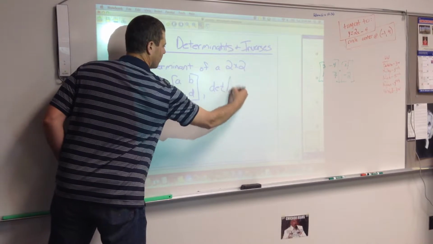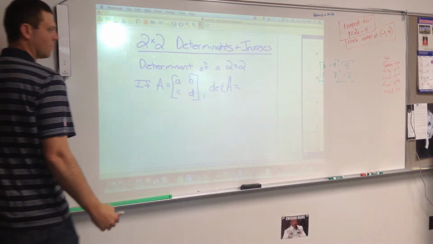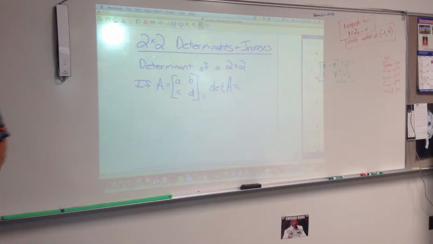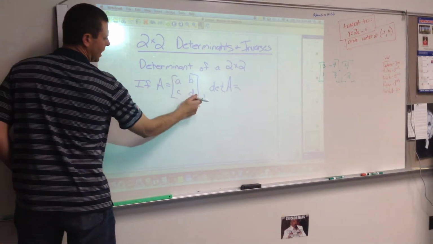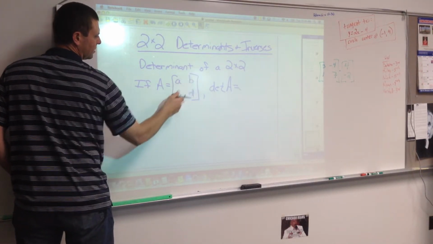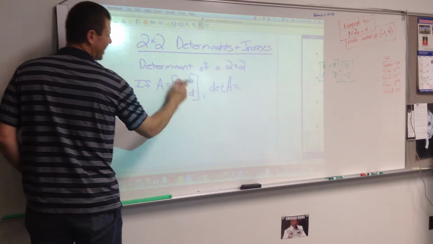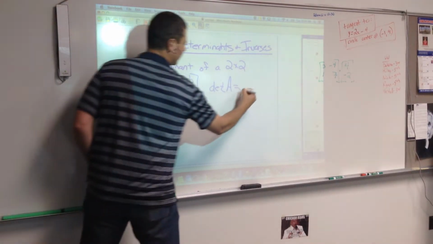The shorthand notation you'll see for determinant is DET. You'll also see that on your graphing calculator. The determinant of matrix A can be found by taking this diagonal product minus this diagonal product. So AD minus BC.